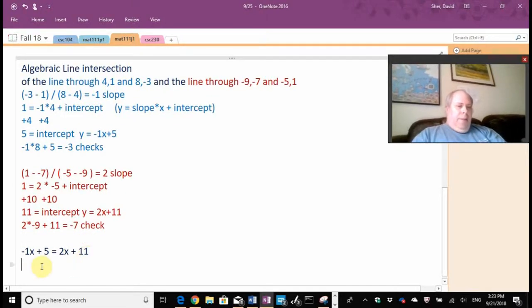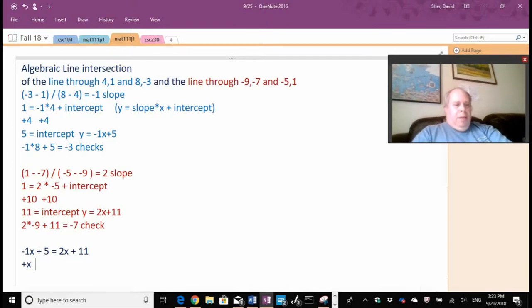Okay. So what I'm going to do is try to get all the x's on one side and all the integers, the pure numbers, on another. So I'm going to add x to both sides. So that'll get all the x's on the right side.